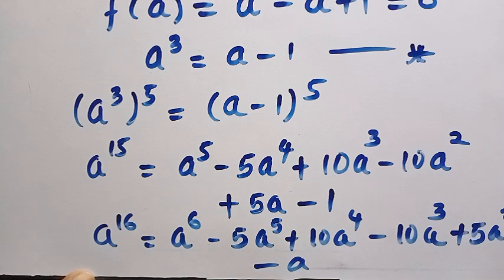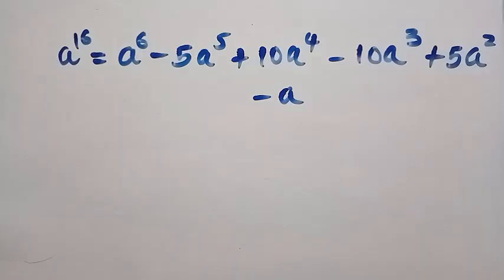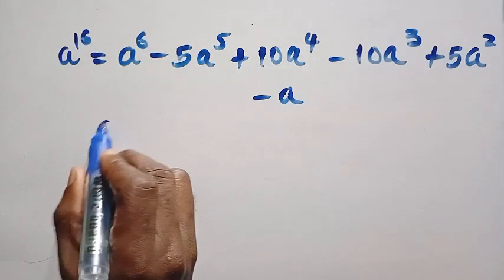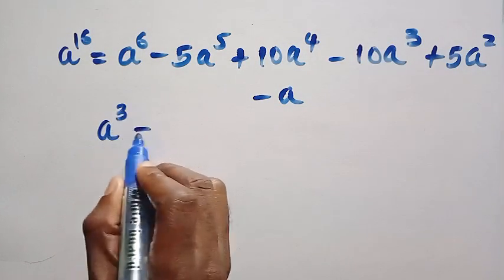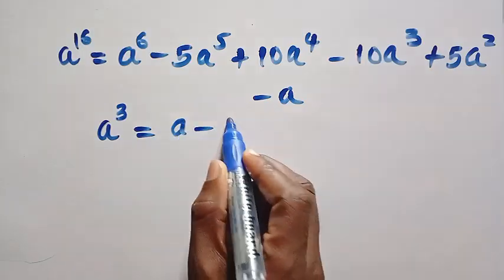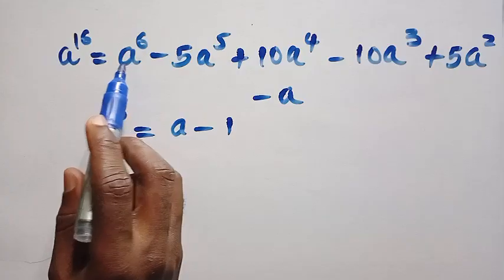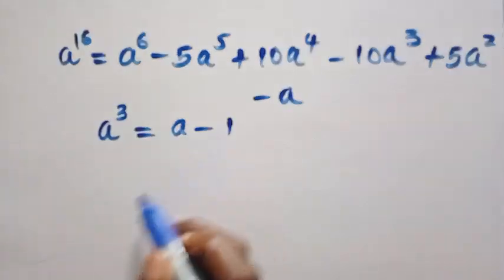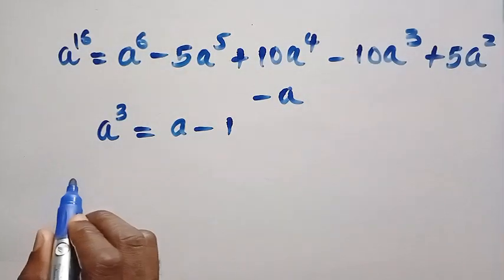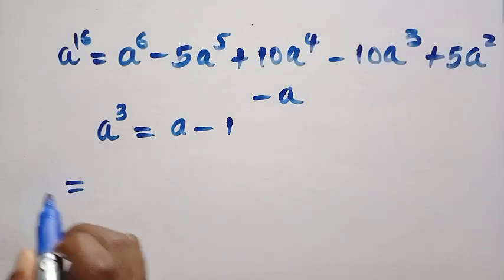This is what we have. Then we recall that a raised to the power 3 equals a minus 1, so we replace every a raised to the power 3 by a minus 1, and here a raised to the power 16 still remains.